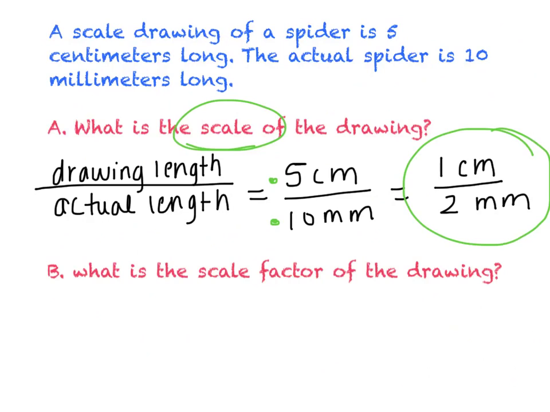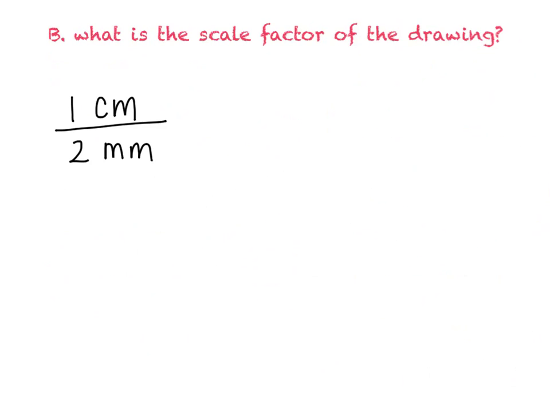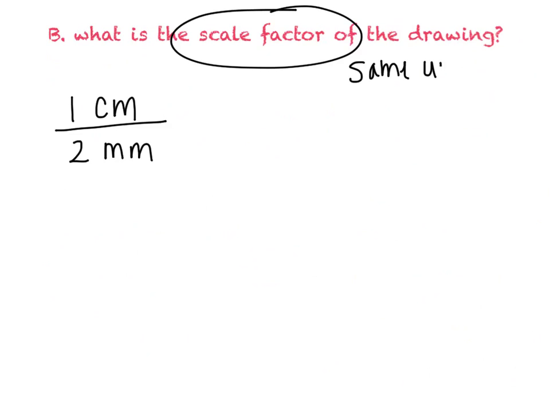Part B asks, what is the scale factor of the drawing? So remember, scale factor means that there are no units. So since we're finding the scale factor of the drawing, we need to figure out this proportion using the same units. And once it's the same units, when we write it, we don't even have to include the units. And that's the whole point of the scale factor.